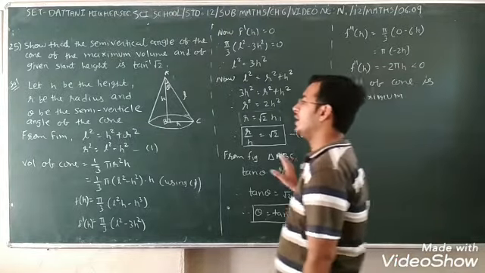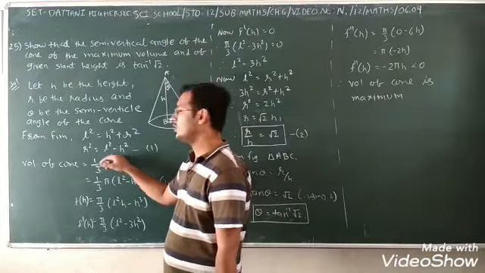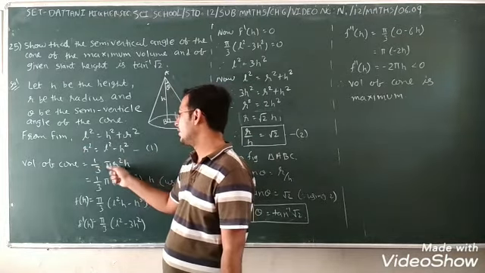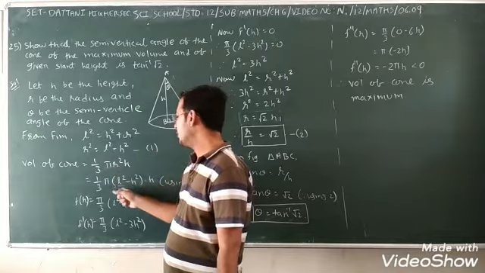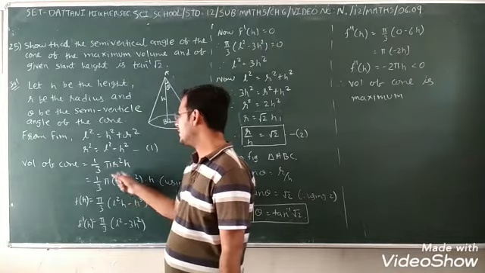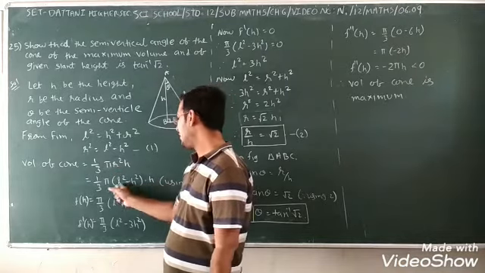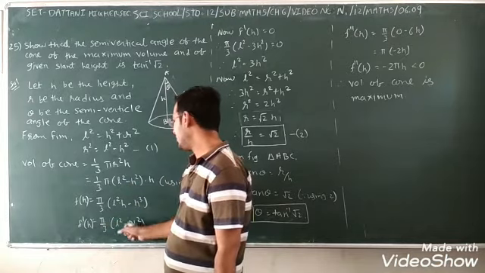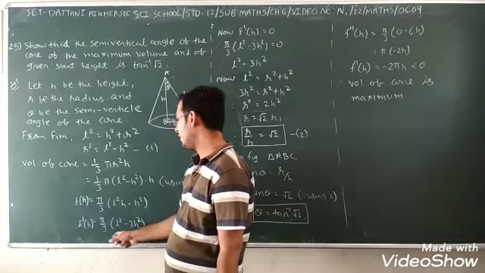Here I want to convert all into a function of h. So I subject r square is equal to l square minus h square. Putting r square is equal to l square minus h square in this formula, multiplied by h. Taking derivative, pi by 3 into l square minus 3 comes down, 3h square.